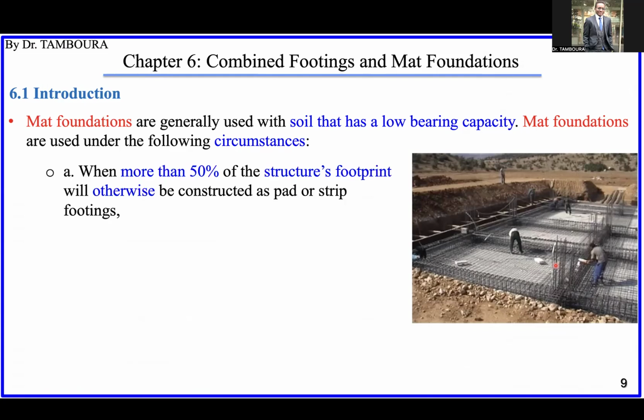Okay, the first one is when more than 50% of the footprint would otherwise be covered by isolated footings or strip foundation, like all the building.